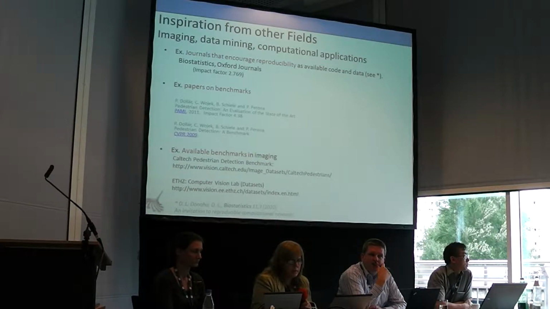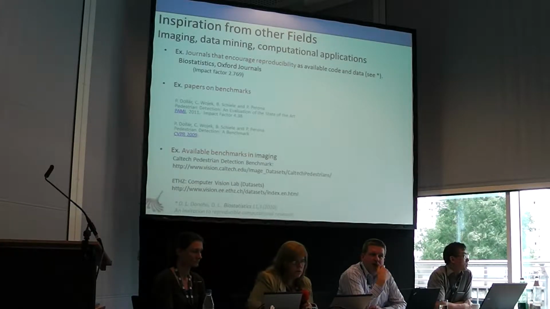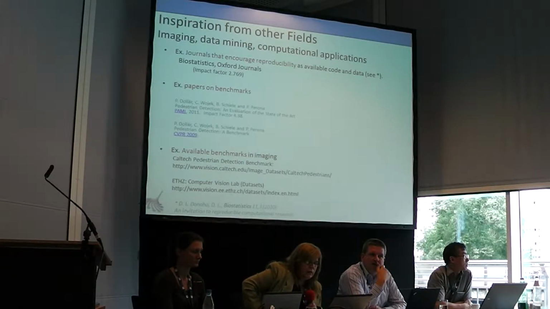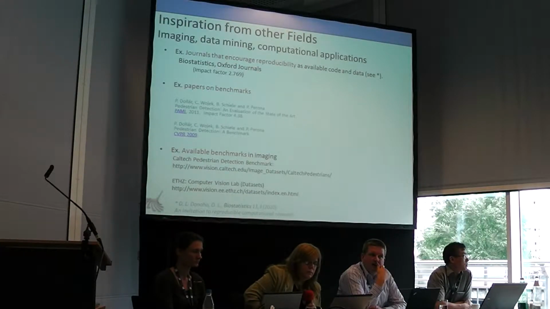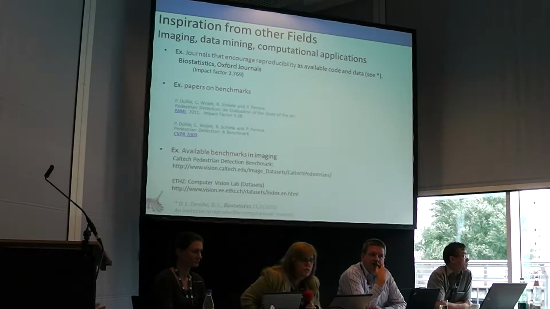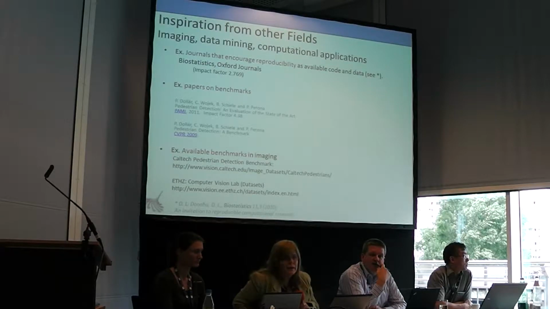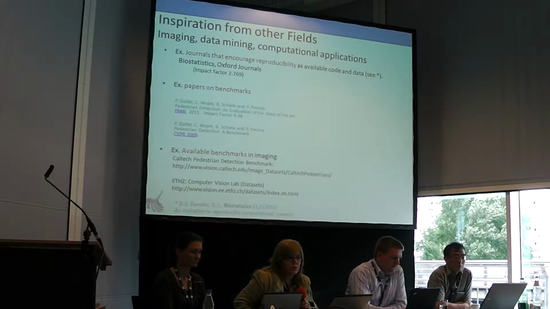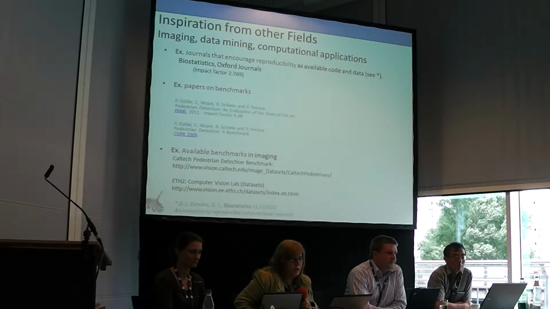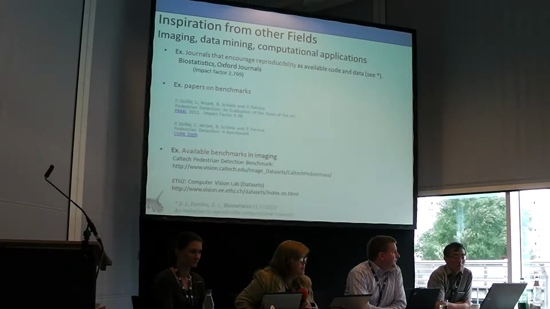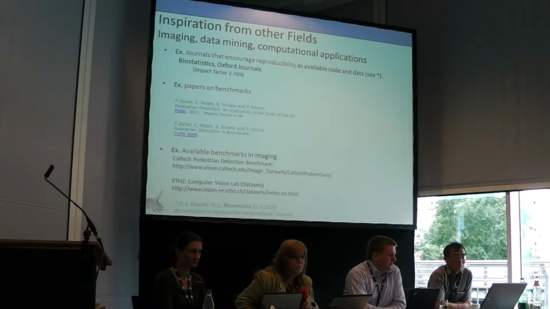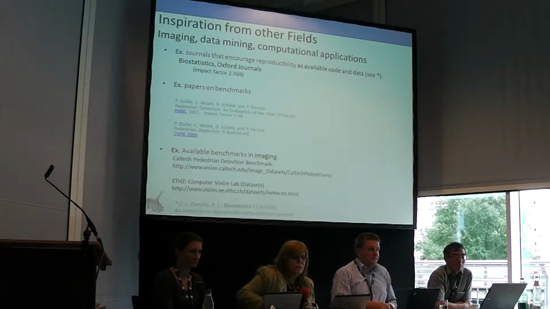For instance, the statistics journals by Oxford actually encourage, but almost require, that you leave code and data available. And they even now have an associate editor on reproducibility to make sure the work is reproducible.